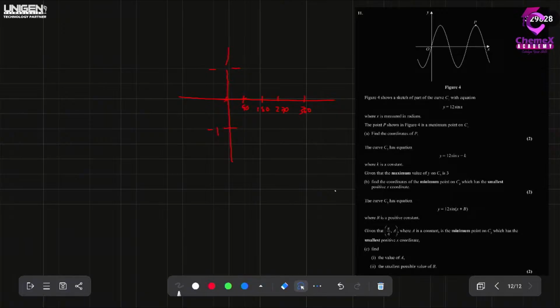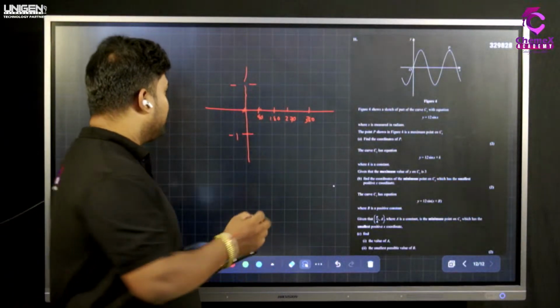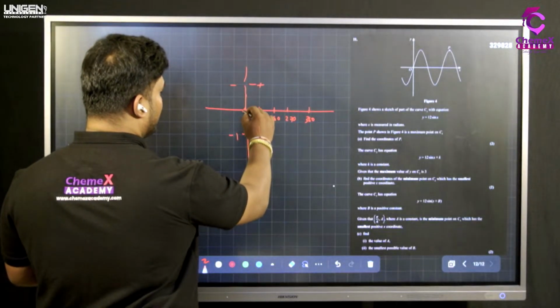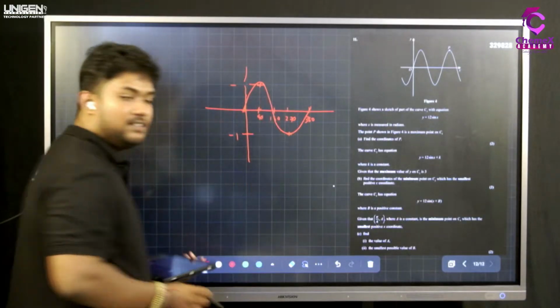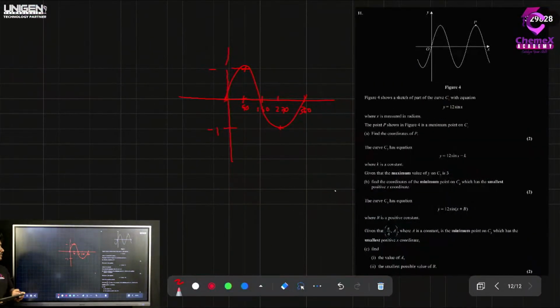Sin 90 is 1. You need to tell me. So it goes like this. Hope you can remember those. Can you remember how to draw the graph of a sin x graph? Sin 180 is 0, so at 180 it cuts the axis.